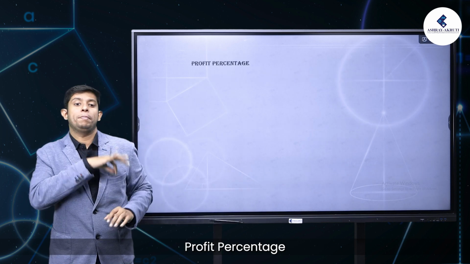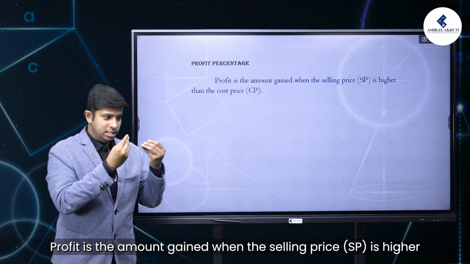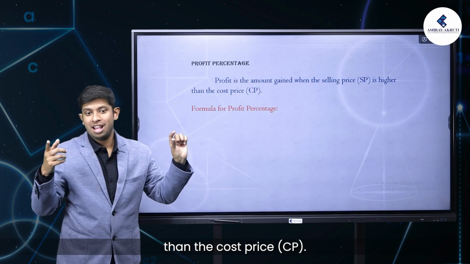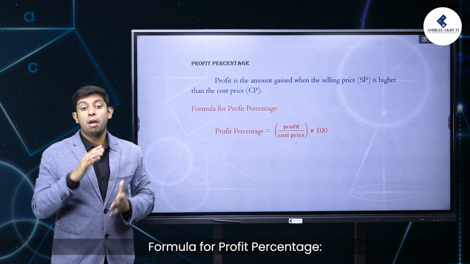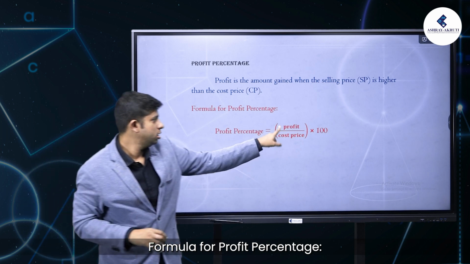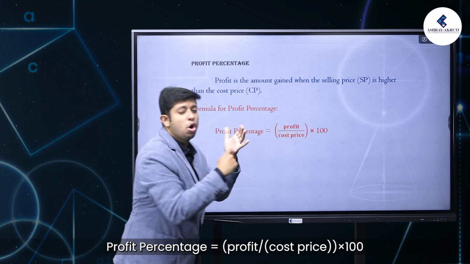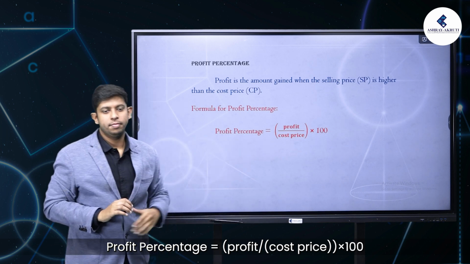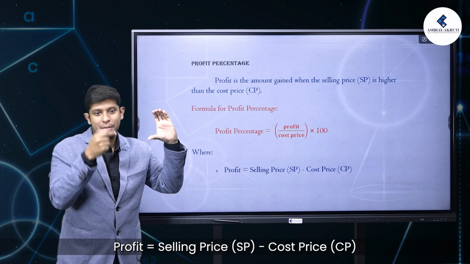Profit percentage. Profit is the amount gained when the selling price is higher than the cost price. Formula for profit percentage: profit percentage equals profit by cost price into 100, where profit equals selling price minus cost price.